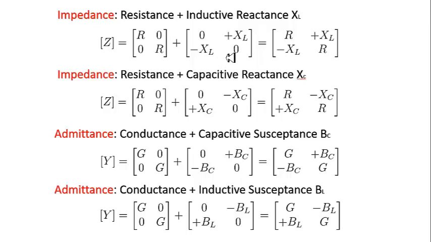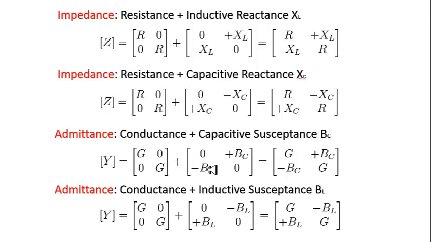Now in terms of impedance, the inductive reactance is on the backward diagonal, and it's positive here and negative here. And in terms of admittance, the capacitive susceptance is on the backward diagonal, and it's positive here and negative here.